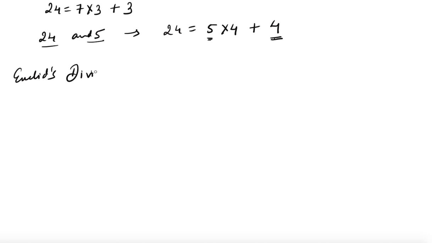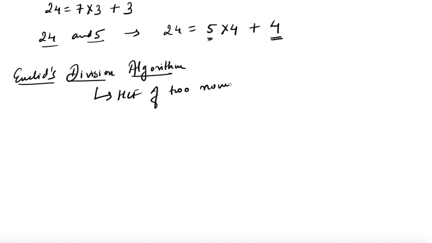Euclid's division algorithm. Let us see what it says. Euclid's division algorithm is used to find the HCF of two given numbers.